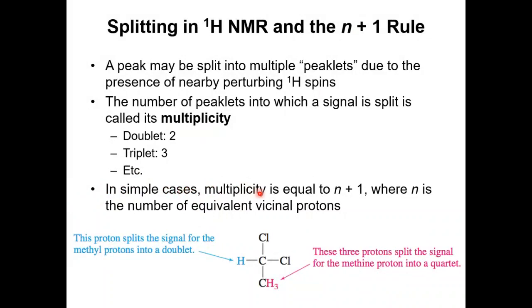The multiplicity of a signal is equal to n plus 1, where n is the number of equivalent vicinal protons. Not the number of protons that give the signal, but the number of protons on the neighboring, vicinal carbon. For instance, if you look at the proton NMR spectrum of this compound.